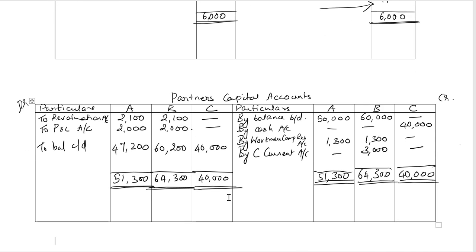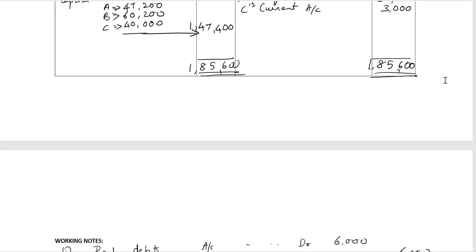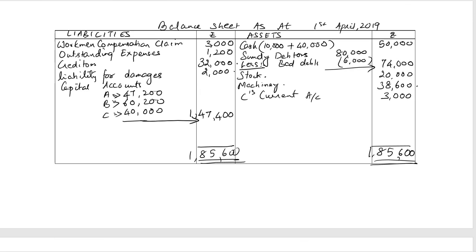Then we went ahead to prepare the partner's capital accounts. The capital balances of partner A, 47,200 rupees, that of B, rupees 60,200, and that of C, rupees 40,000. And finally, the balance sheet. This is a balance sheet that has been prepared by us, both sides tallying with 1,85,600 rupees.